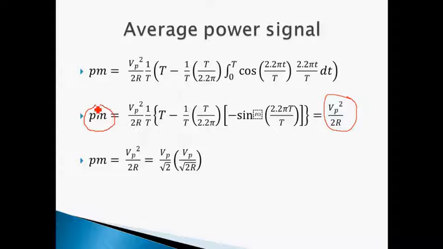Pm, the average power of our circuit, is equal to Vp squared above 2 capital R. Vp squared is equal to Vp multiplied by Vp. The number 2 is square root of 2 multiplied by square root of 2. Square root of 2 multiplied by square root of 2 is equal to 2. Okay? Oh, excuse me.